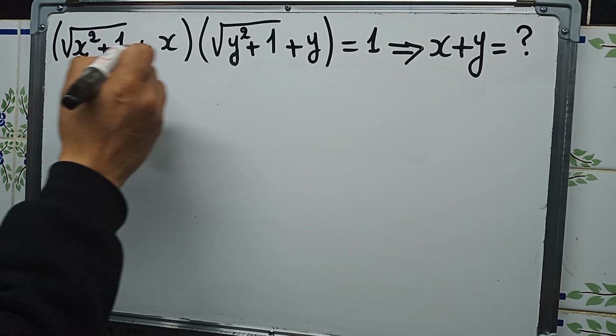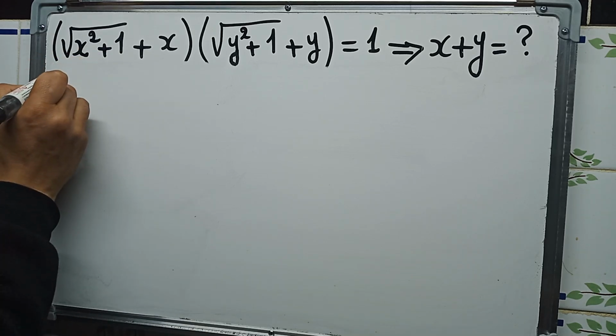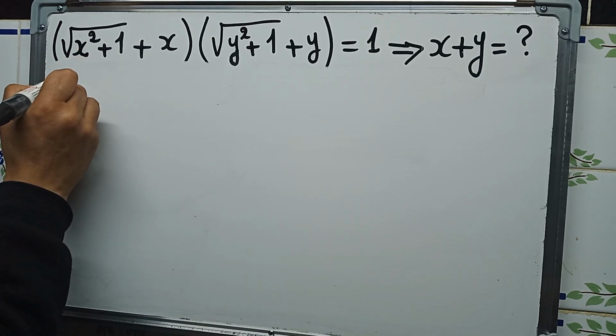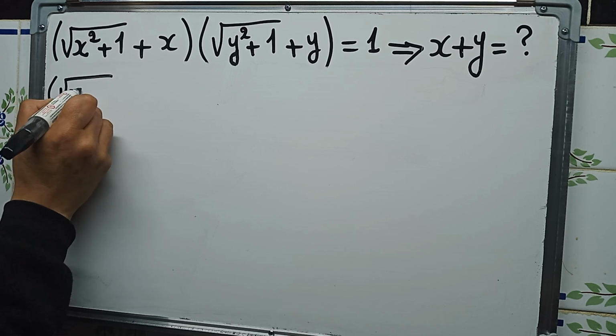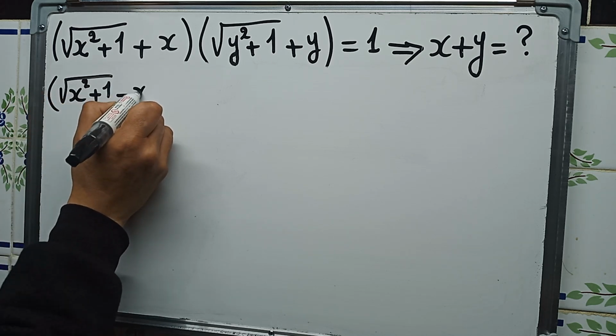We will try to separate those two numbers by multiplying by the conjugate. So here we multiply by the conjugate of this number, which is of course square root of x squared plus 1 minus x.